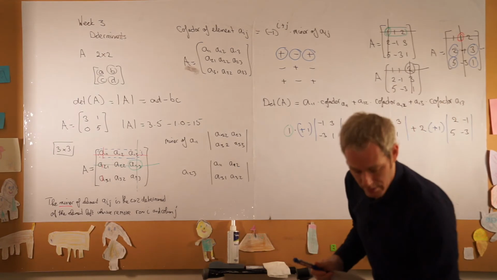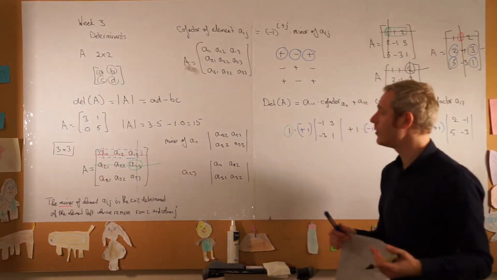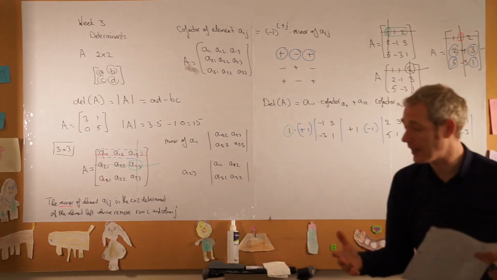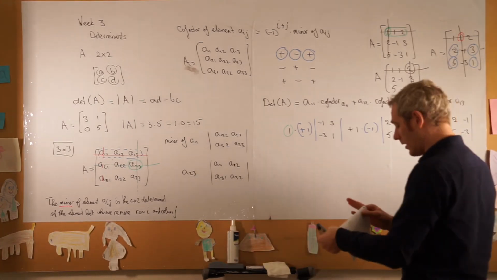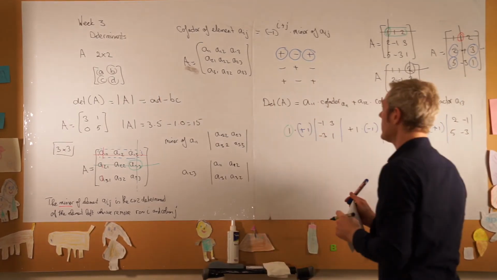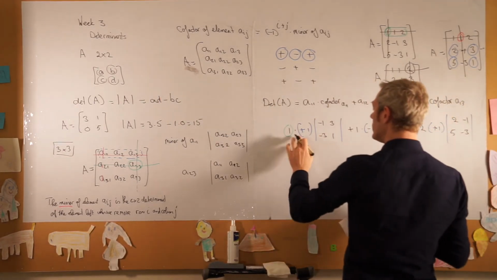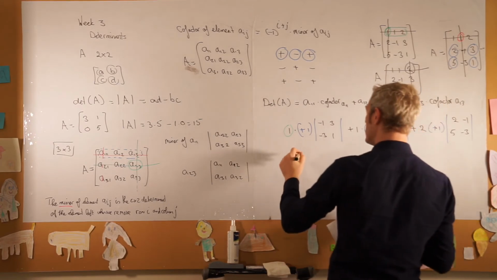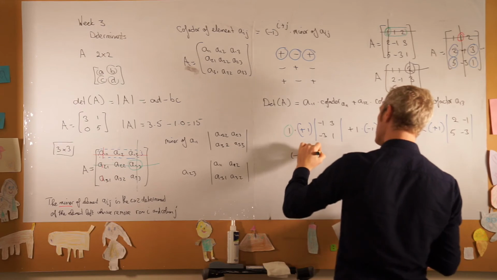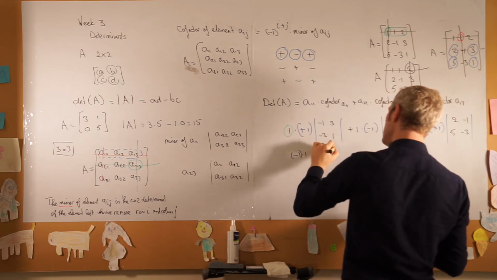Now, the determinant of a matrix is a number, a value, a scalar. So we have to calculate all this. So we know how to calculate the 2 by 2 determinant. So we get 1 times plus 1 times minus 1 times 1 minus 3 times minus 3.